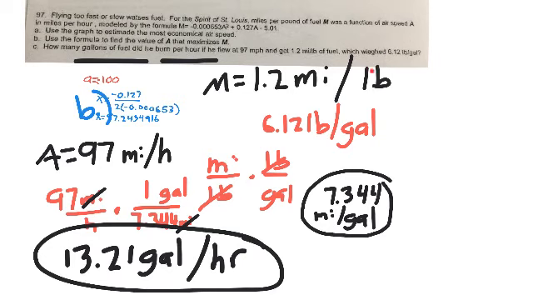Once I got rid of the pounds, it became miles per gallon. Then I knew I did not want miles anymore, I wanted hours. So I took miles per hour and put it with the miles per gallon so I could get gallons per hour in the end. So again, that's a lot of unit analysis, which is a lead into physics.